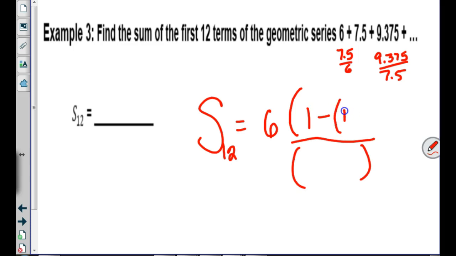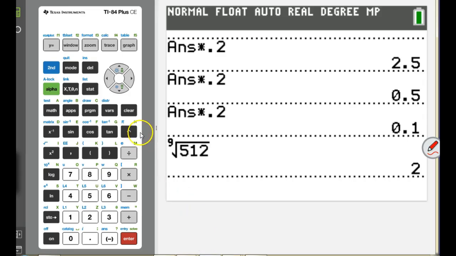And because it's positive, it actually wouldn't matter, but I'm going to put the extra parentheses always. And then the denominator is 1 minus 1.25. And again, the extra set of parentheses here is needed for sure if you have a negative, okay? And it's also needed if you have a fraction. You actually wouldn't need it for this one, but I'm going to always use it.